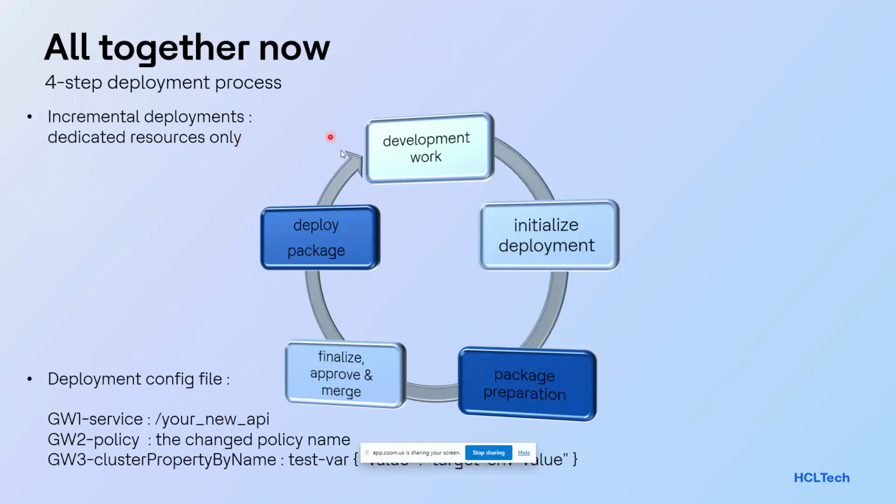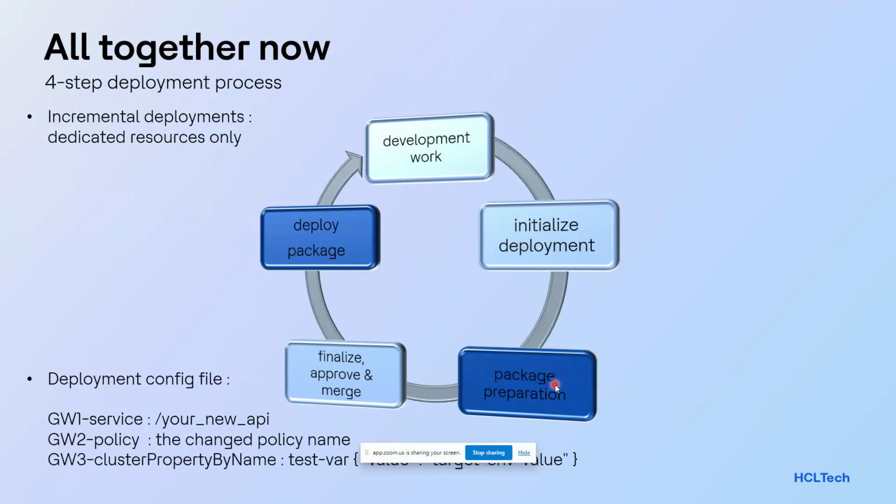It all starts more or less with development work at the top. At one point in time, the developer decides, now I am finished with my development work, and I want to deploy this stuff to the next environment. So he initializes the deployment by creating a deployment configuration file, which exactly describes the list of dedicated resources.